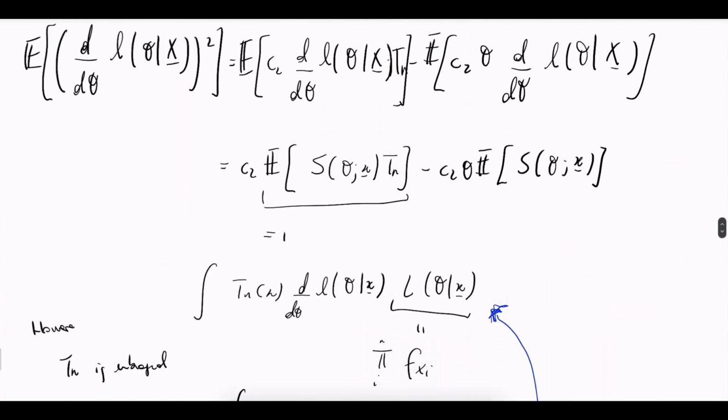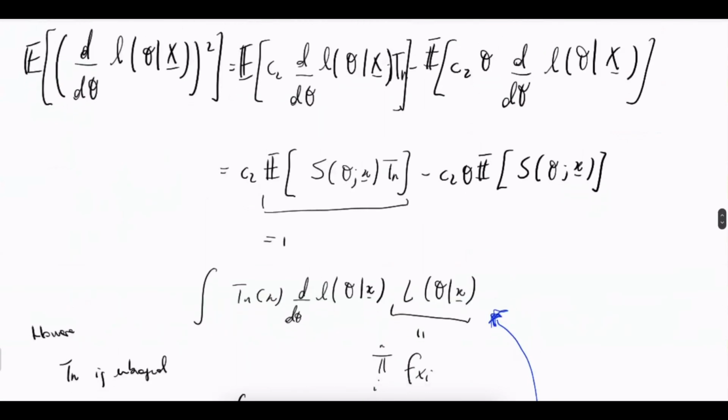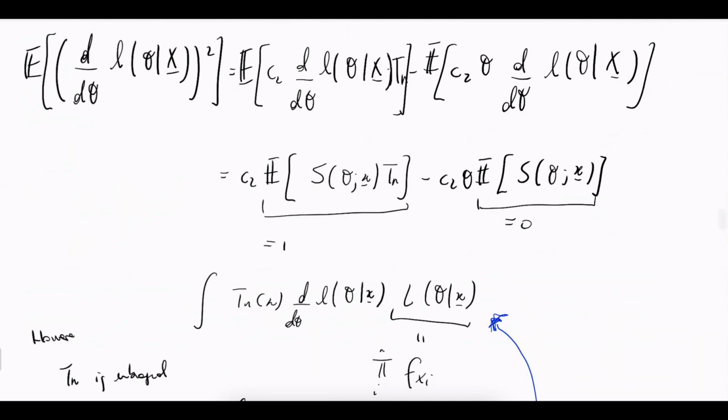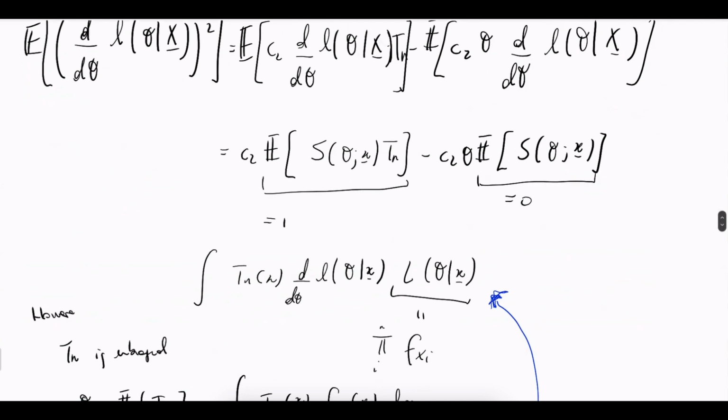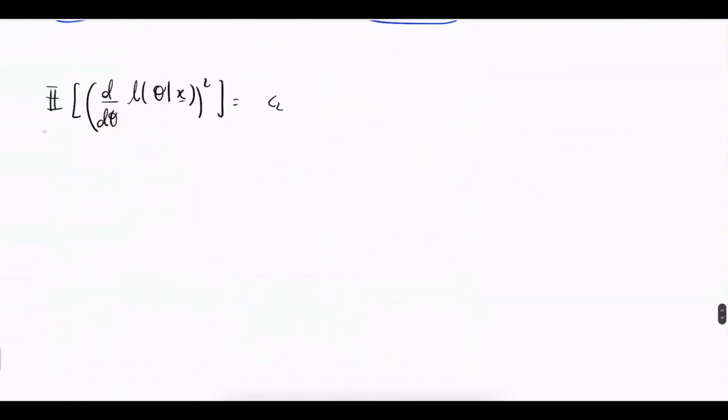So what we've written is that the expectation of the square of the log likelihood derivative is equal to C2, and the expectation of the score is also equal to 0. This is a well-known property of the score function, which I will not prove. You just need to use the definition. So it is equal to C2, but this is by definition the Fisher information, right? So C2 is the Fisher information.